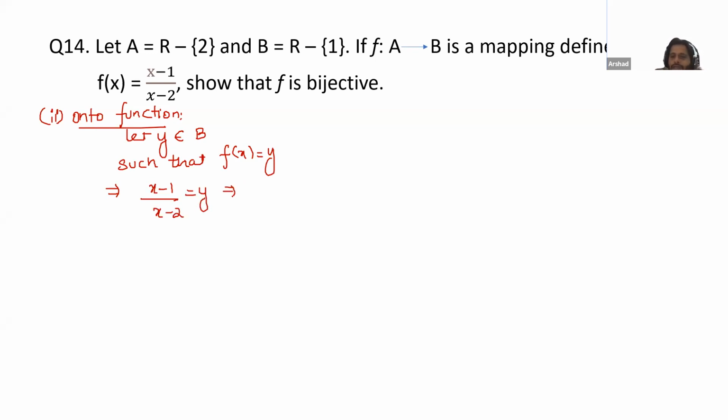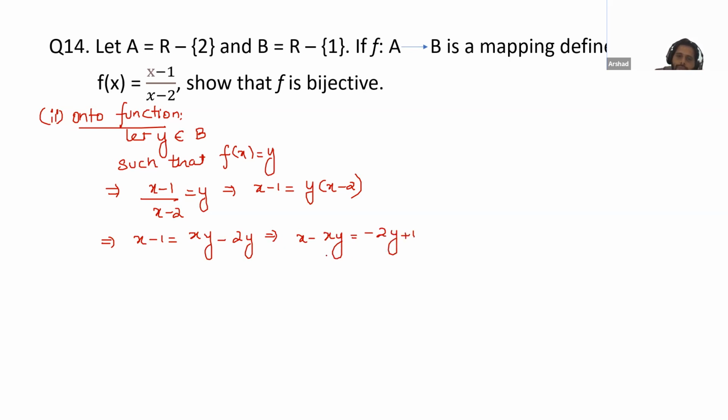Now we need to find x in terms of y. Cross multiply: y into (x minus 2) equals x minus 1, so xy minus 2y. Then x minus xy is equal to minus 2y plus 1. Take x common, you will get x into (1 minus y) is equal to minus 2y plus 1.